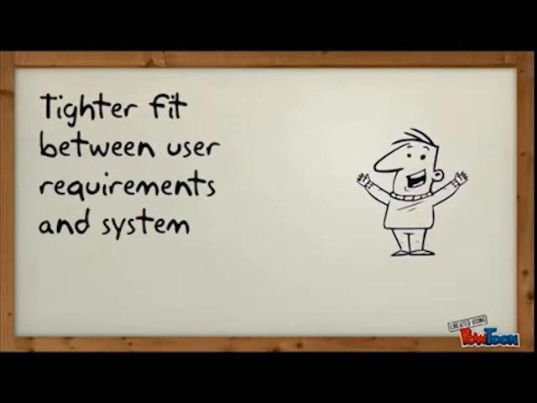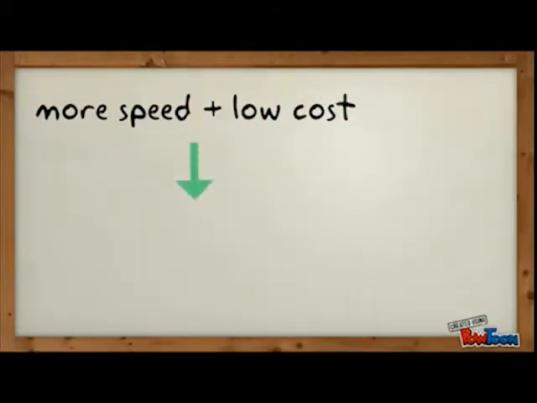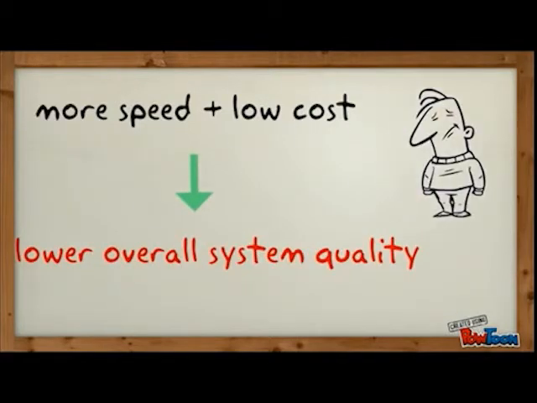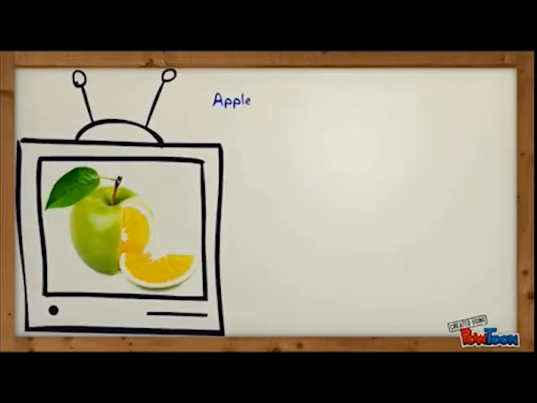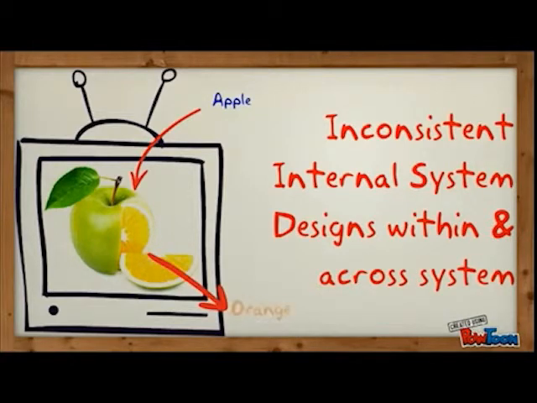But more speed and low cost achieved in this way may lead to a lower overall system quality, because you always focus on the improvements of the current phase of the project. As a result, you may give your customer an apple, but inside that there may be an orange. That is, inconsistent internal system designs within and across systems may be there.